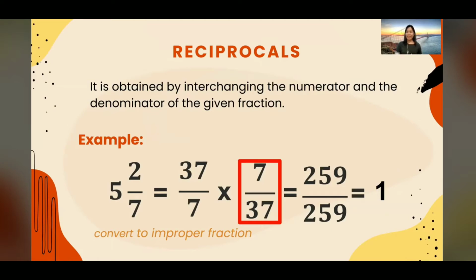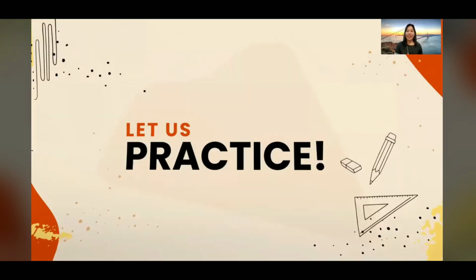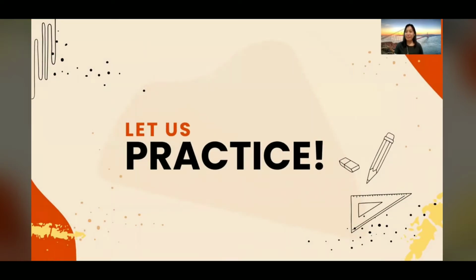If there are no questions or clarifications, it's now time to practice. Now get your papers and pen. Ready? Alright, so all you have to do is to write the given fraction on your paper and then look for its reciprocal.